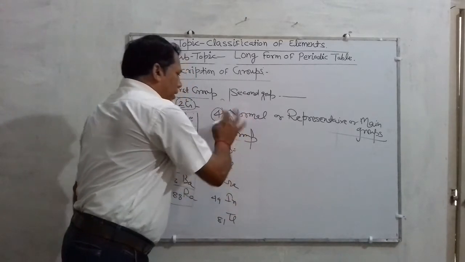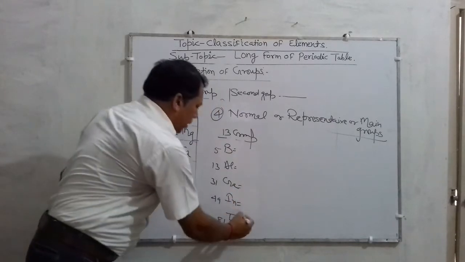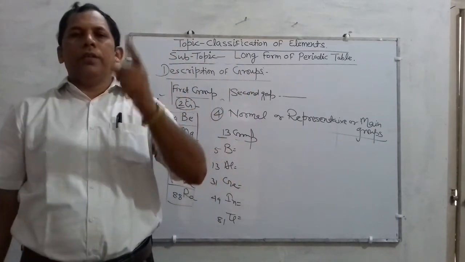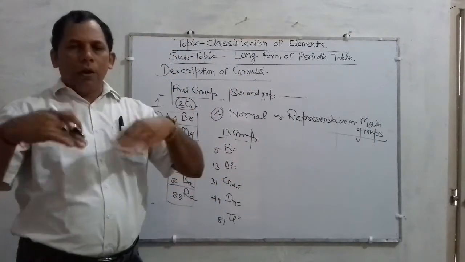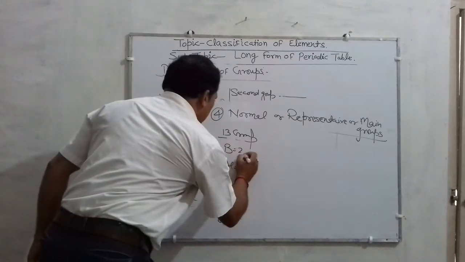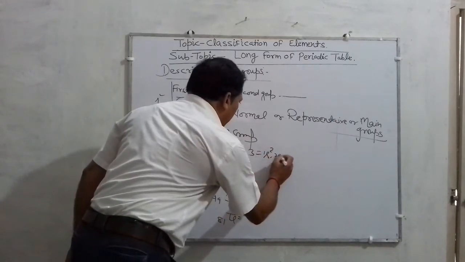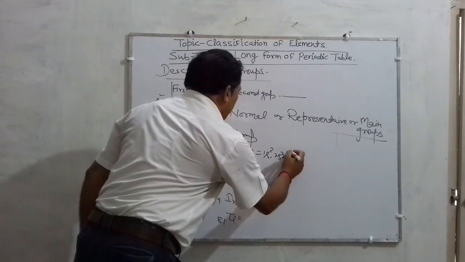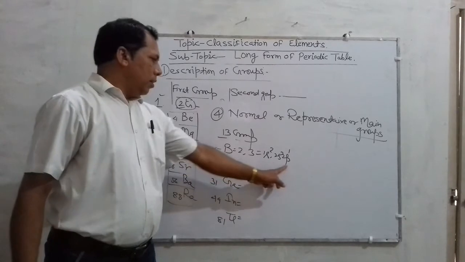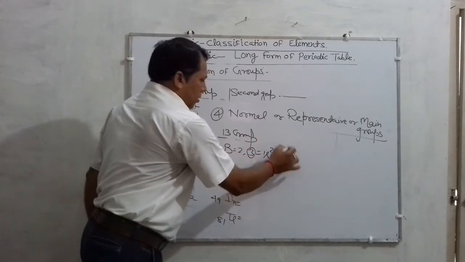So according to the property of this group, the elements belonging to groups 1, 2 and 13, 14, 15, 16 and 17 have only their outermost shell incomplete and the rest of the inner shells filled. Means this is 2, 3. So if you write it in terms of subshells, that is 1s2, 2s2 and 2p1. Either this or this.